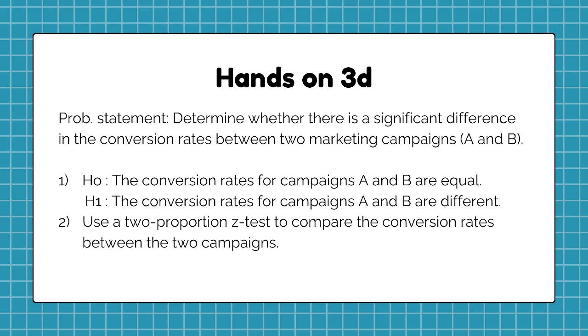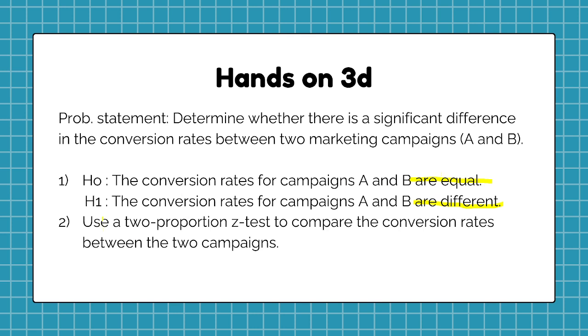So the null hypothesis is that the conversion rate for campaigns A and B are equal. It's an important one. And the alternative hypothesis is that the conversion rates for the campaigns are different.